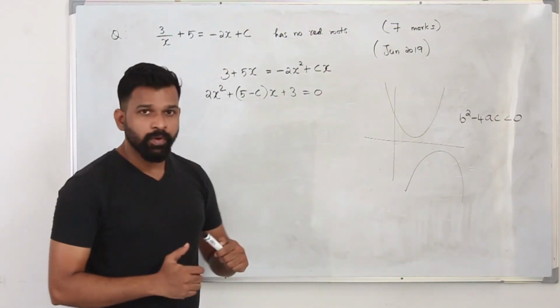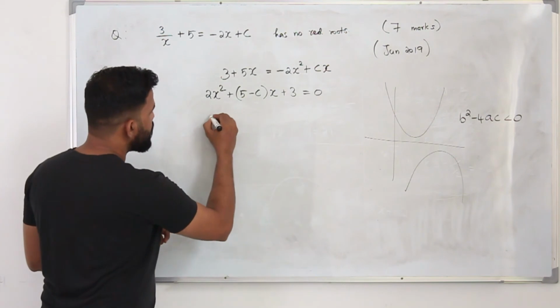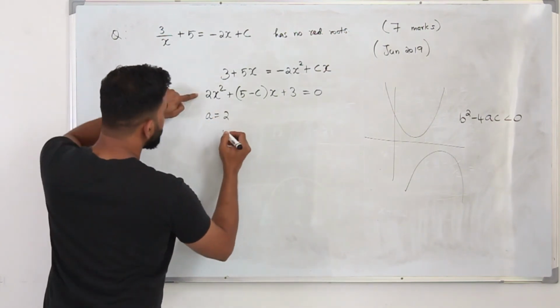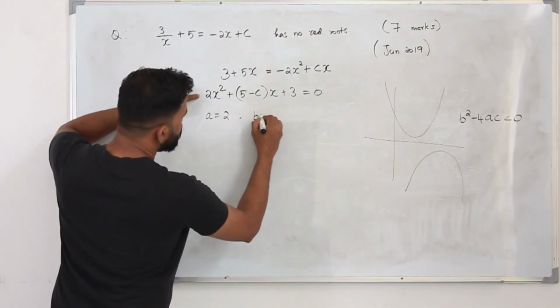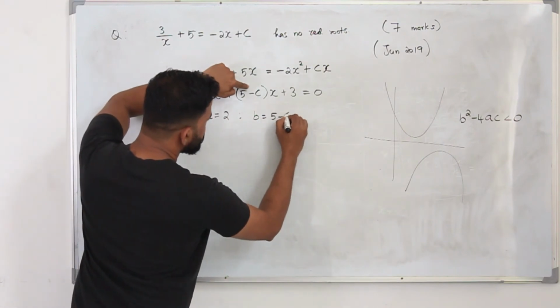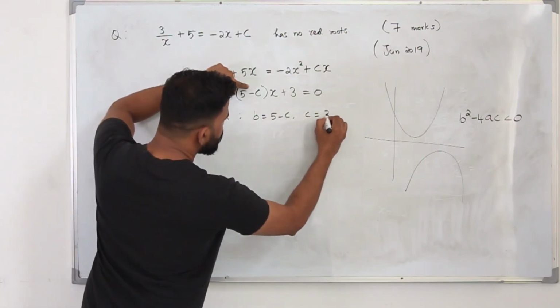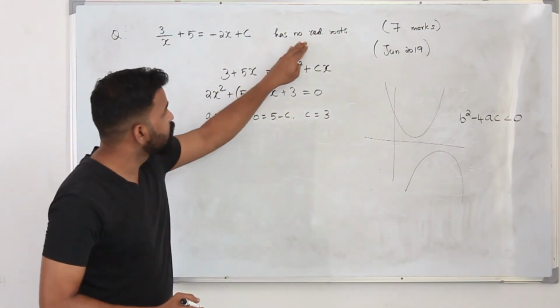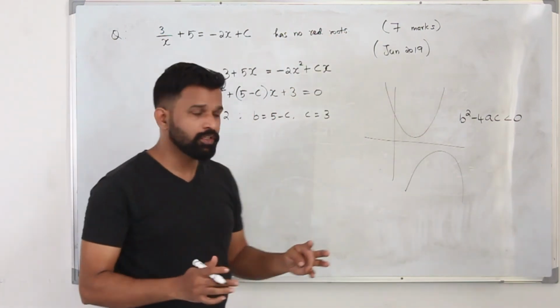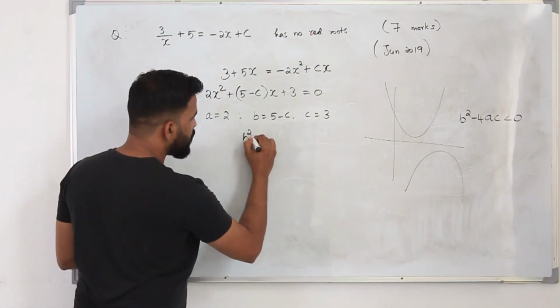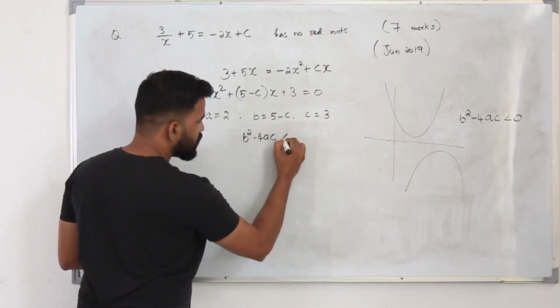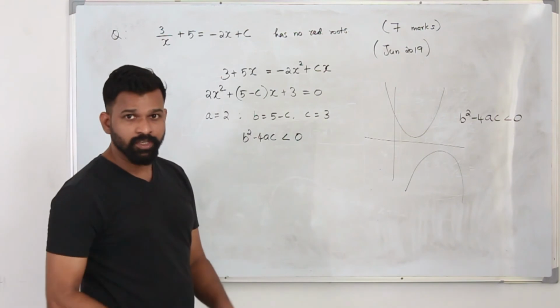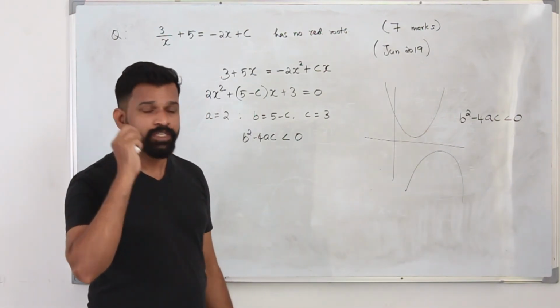So in this equation, your a is the coefficient of x square, and your b is the coefficient of x, your c is 3, the constant term. Since this equation has no real roots, we know for sure that discriminant b square minus 4ac should be a negative number, less than 0. That's why you need to read the question very carefully.